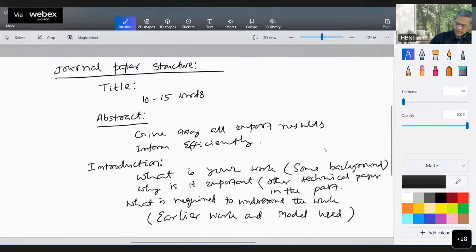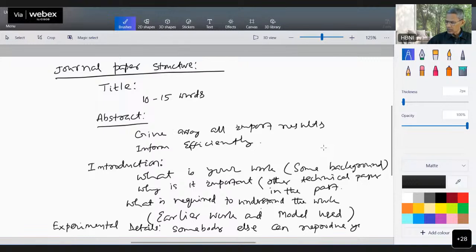Then comes the experimental detail. In this, you should write the experimental detail in such a way that somebody else can reproduce your work.